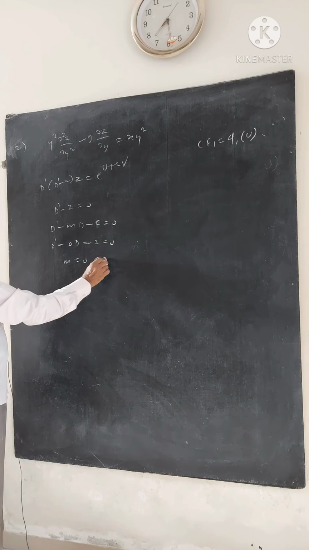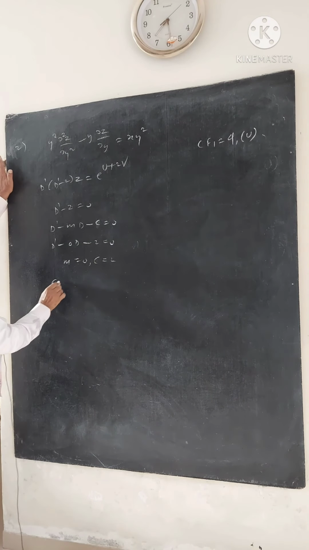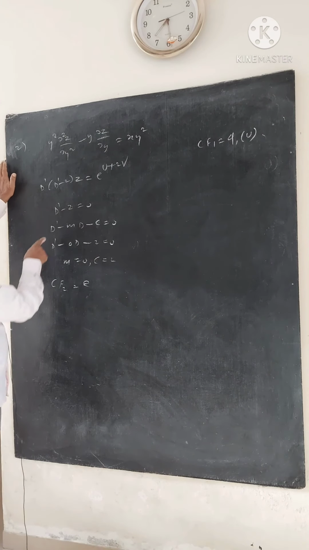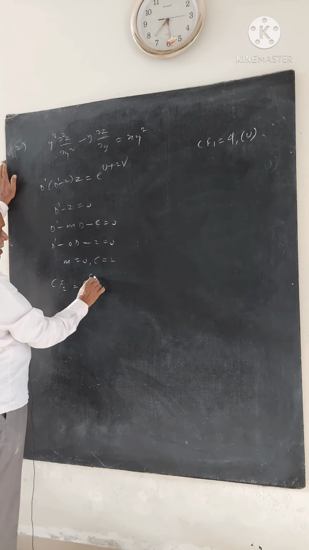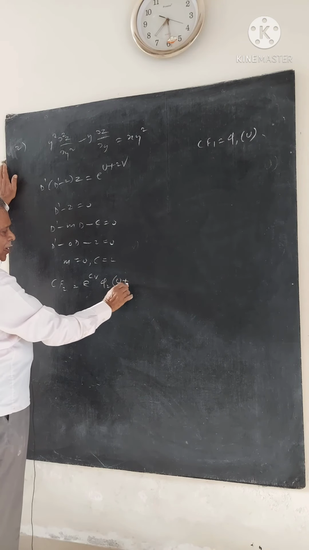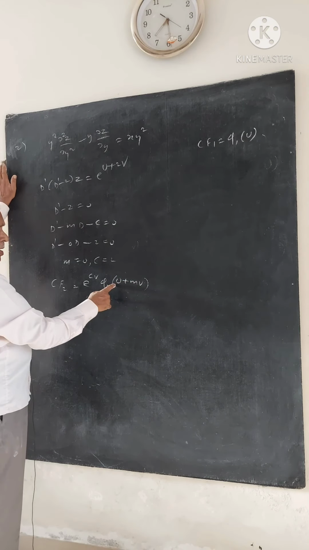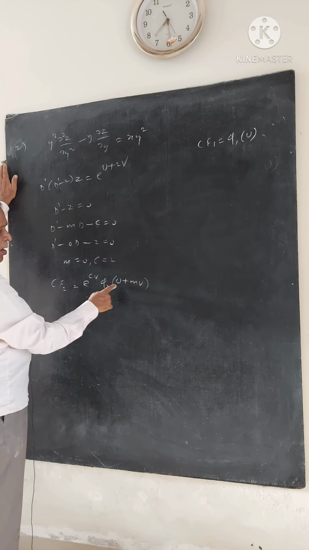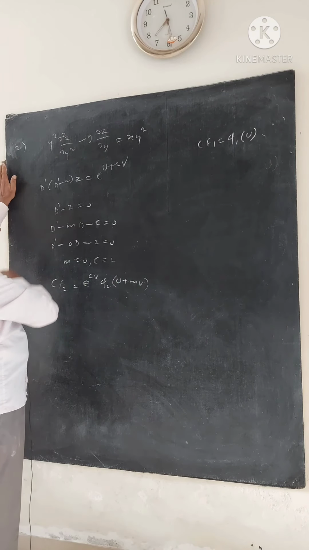M equal to 0, c equal to 2. CF2 equal to e power c v, phi 2 of u plus mv, changing because d dash comes at the front.